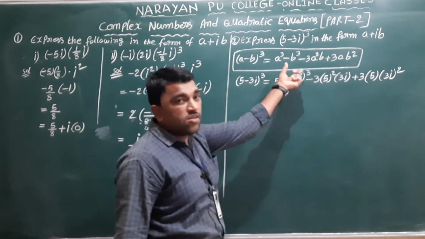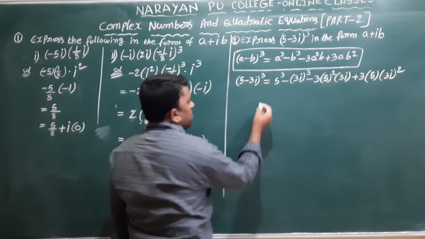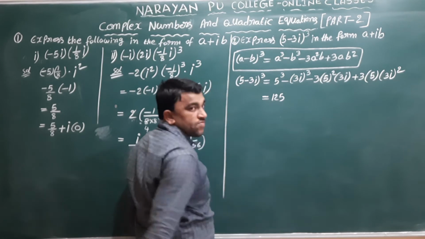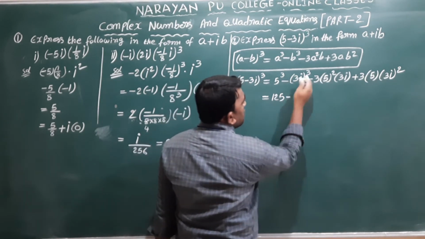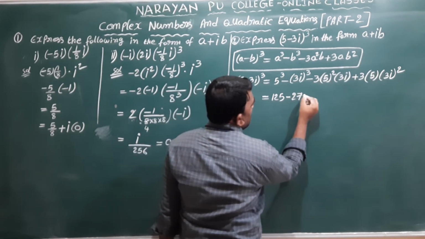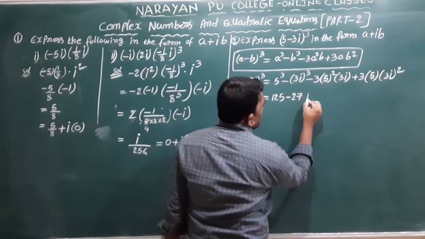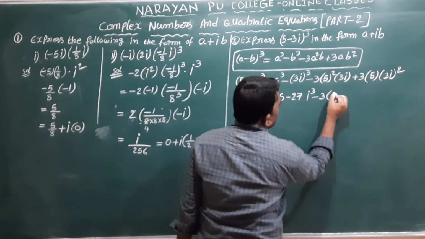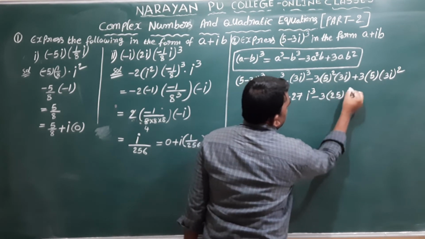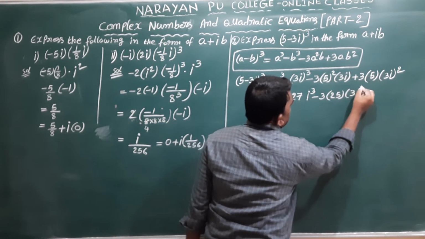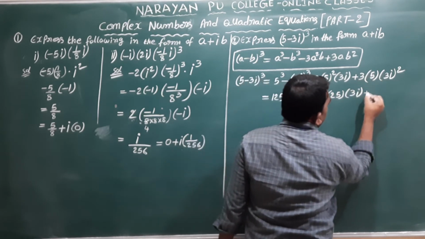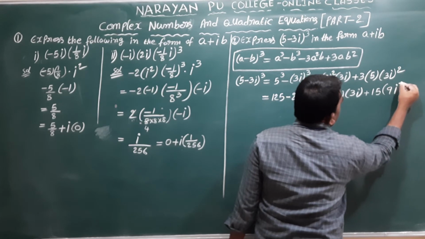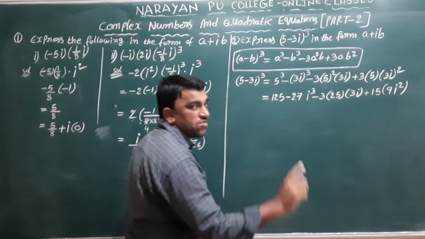If you know the formula, then you can expand easily. 5 cube is 125, minus 3 cube is 27, i power 3 is i cube, minus 3 into 5 square is 25 into 3i, plus 3 fives are 15, 3i whole square is 9i square, 3 square is 9, i square is i square only.